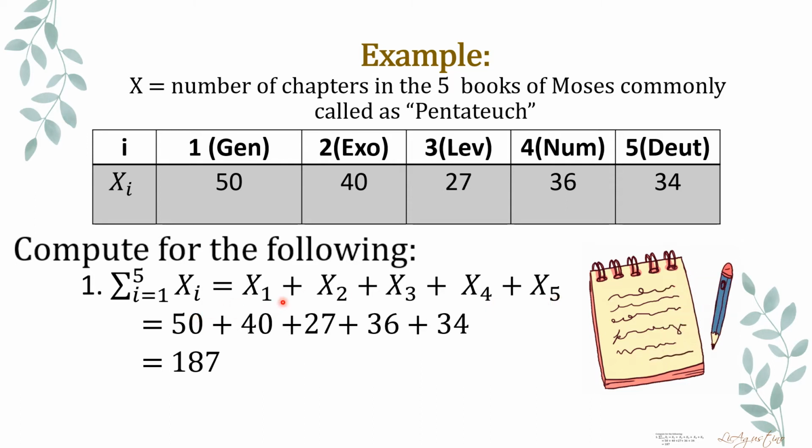So x1 is our 50 chapters, x2 is 40, x3 is 27, x4 is 36, and x5 is 34. When you compute it using your calculator, manually, or Excel, you can get a total of 87. If you got it, then that's great.